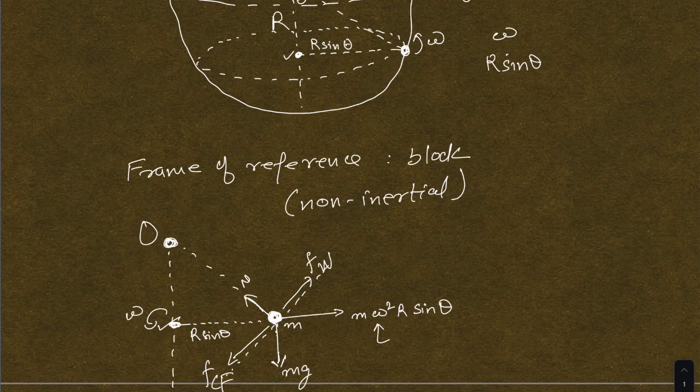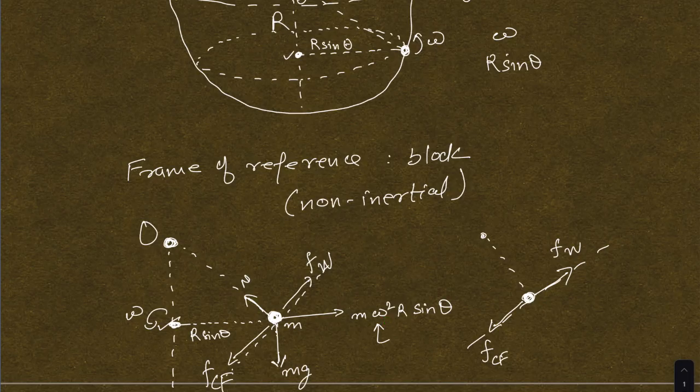So let's draw this again. This is the block, this is the center, this is the tangential surface. So we have friction due to weight and friction due to centrifugal force. The higher the value of omega, the higher the value of the centrifugal force.